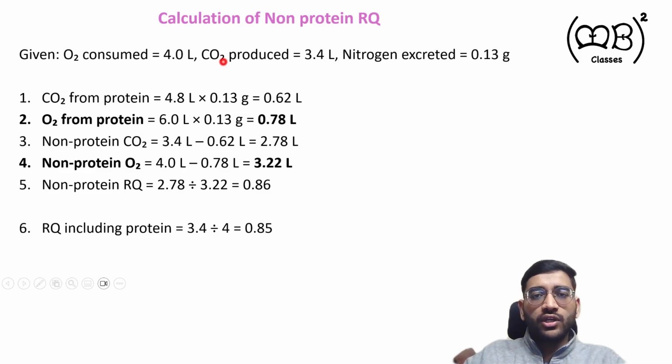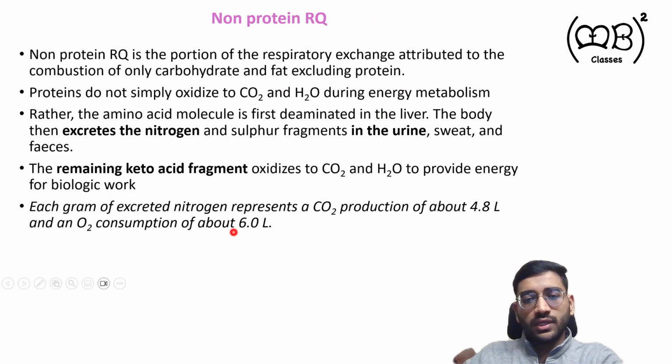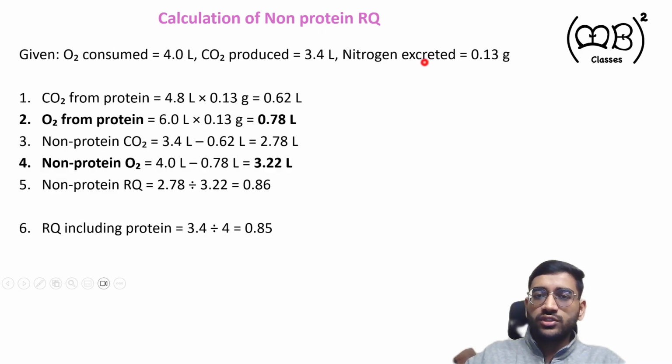So of the total carbon dioxide produced, 3.4 liters, only 2.78 liters is produced from the non-protein part and 0.62 liter is produced from the protein part. Similarly for oxygen consumed, the factor is 6 liters. Each gram of nitrogen corresponds to 6 liters. So oxygen from the protein part would be 0.78, and if I subtract that from the total of 4 liters, the non-protein oxygen comes out to be 3.22 liters.